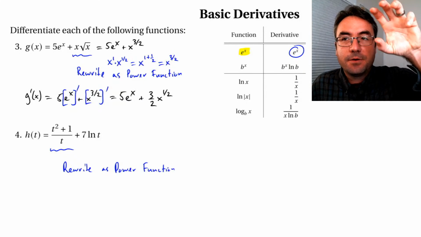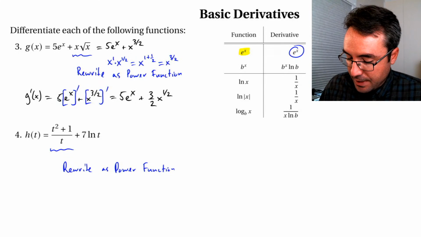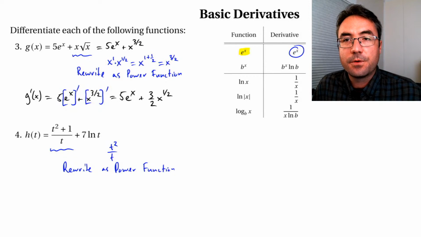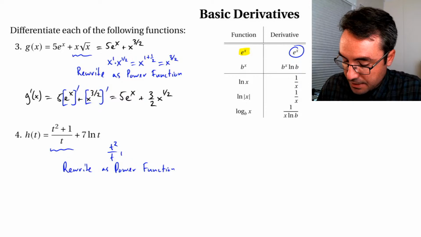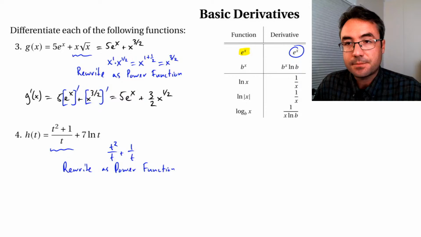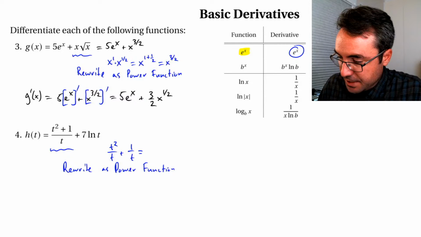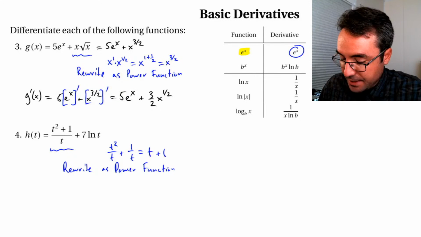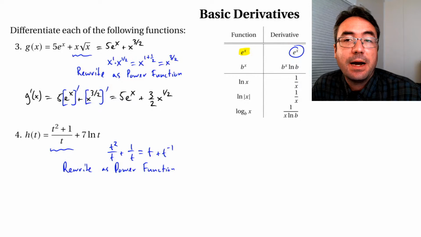Well, when we have a fraction like that, what we can do is we can split up a fraction so that we take each piece of our numerator and put it over the denominator. So we can split that fraction up into t squared over t plus 1 over t. And now if we simplify each of those, t squared over t just simplifies to just t. And then 1 over t simplifies to just t to the minus 1. And so each of those is a power function.